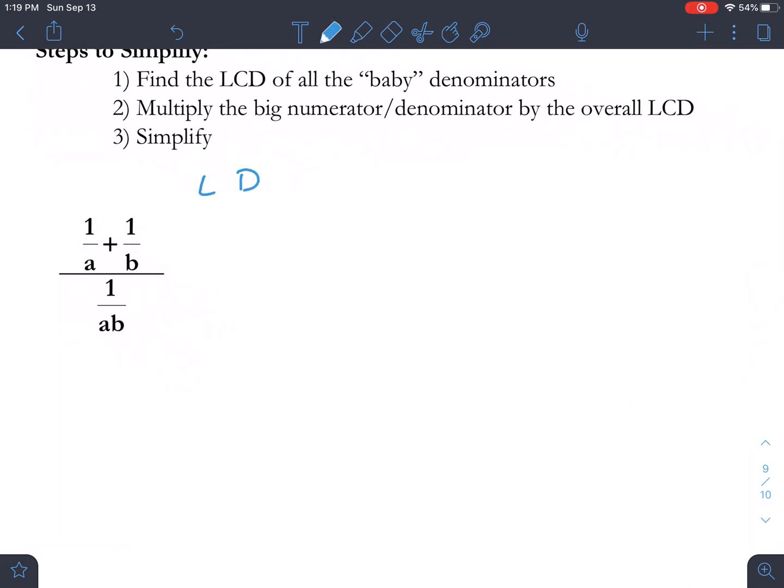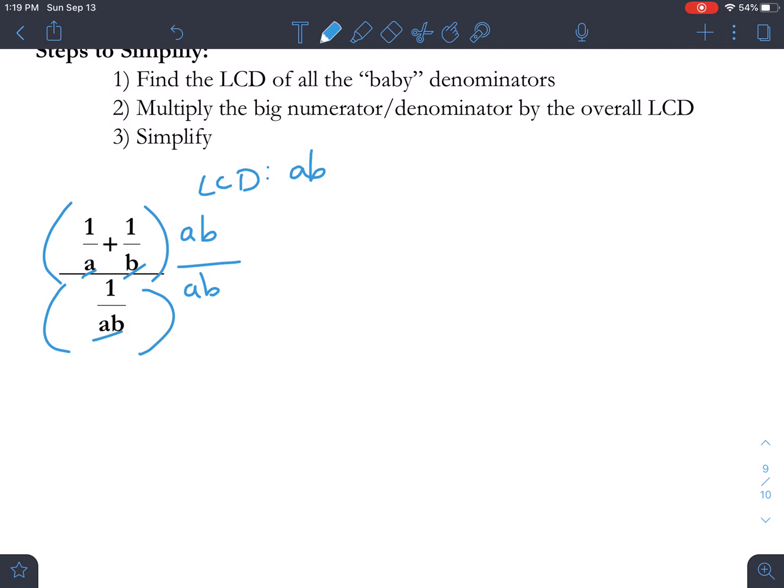Okay, least common denominator, you have a, b, and ab. Well, least common denominator would be a times b. Okay, so what we're going to do is multiply that entire numerator by AB, over 1 technically. We're going to multiply the entire denominator by AB. So really, we're multiplying this whole thing by 1, right?